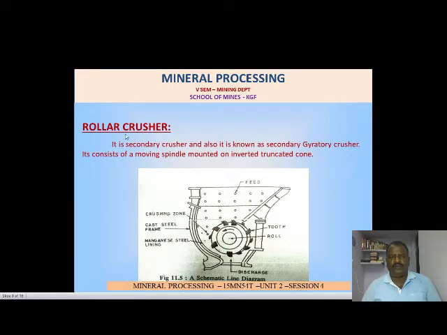Now we will come to the roller crusher. It is a secondary crusher like the cone crusher, and it is known as the secondary gyratory crusher. It consists of a moving spindle mounted in an inverted truncated cone.